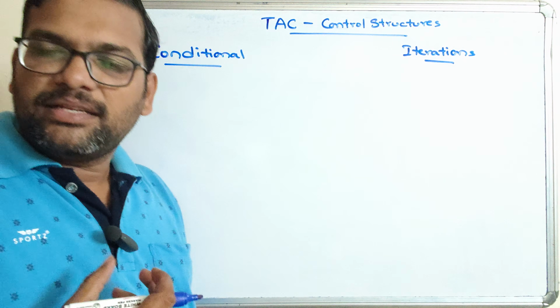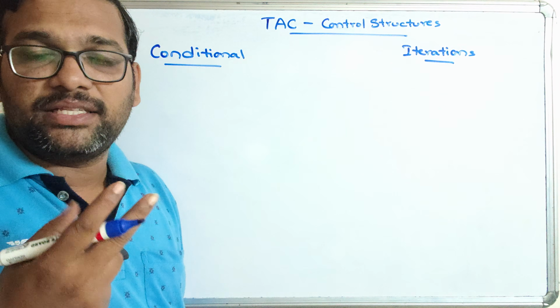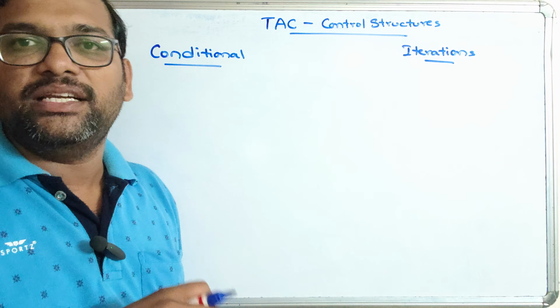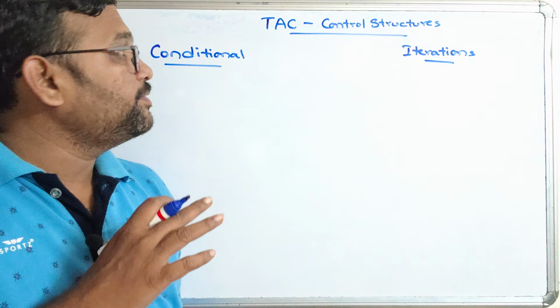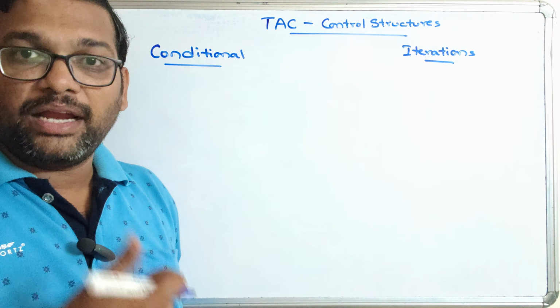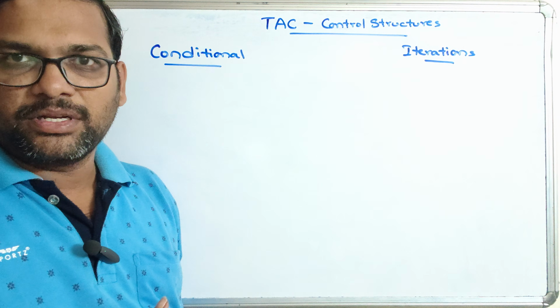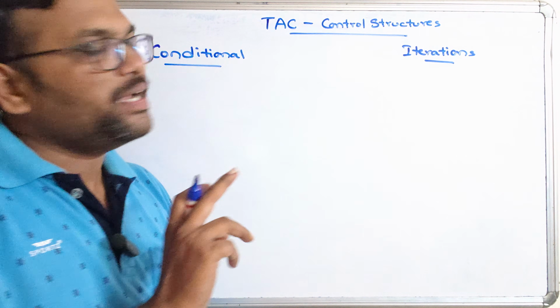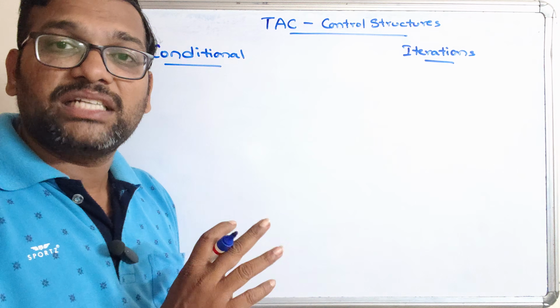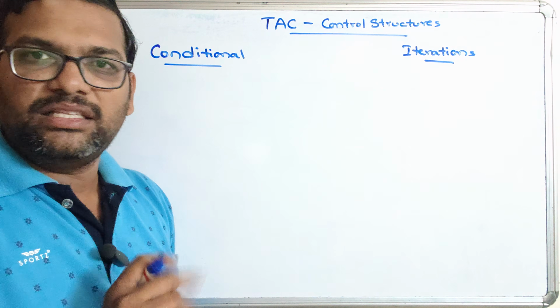In both the cases, we'll be using two things, that is conditional jumps and unconditional jumps, because we are supposed to check the condition, and based upon the result of the condition we need to go to other steps. So in both the cases we are writing some conditions, so there will be conditional jumps and unconditional jumps.